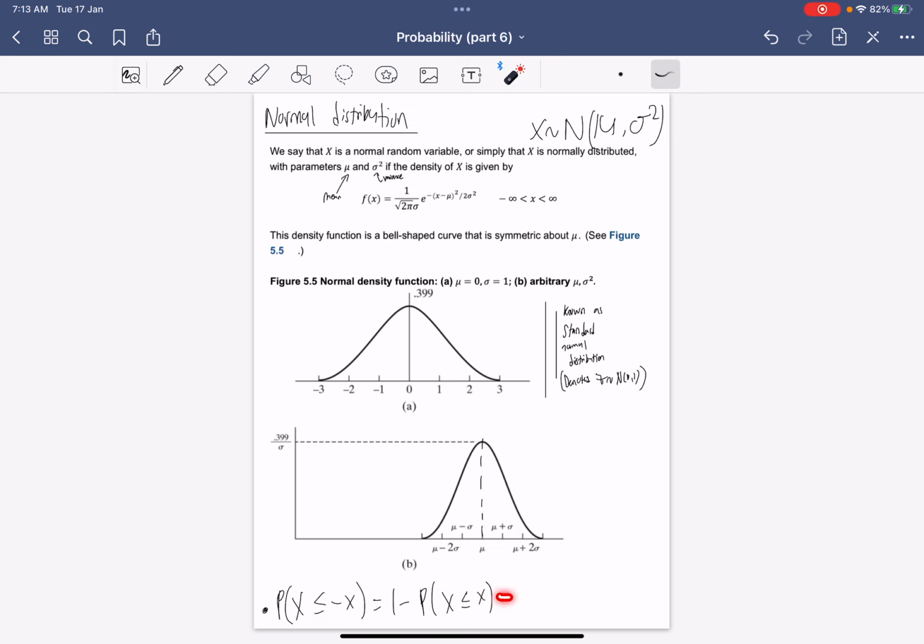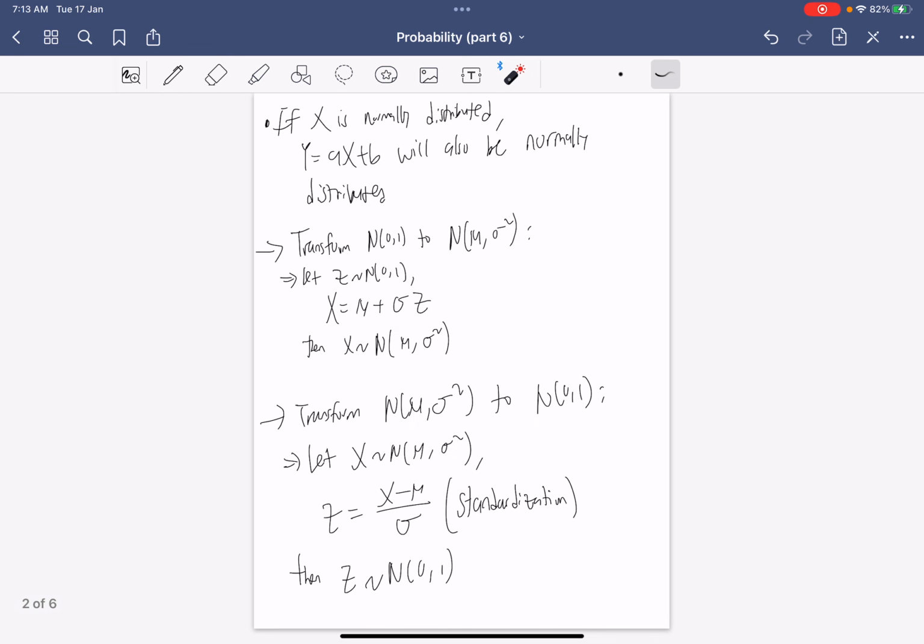So you can see this equals the probability x is greater than x. One is the left tail, the other is the right tail probability. This is quite useful when you want to compute probabilities.